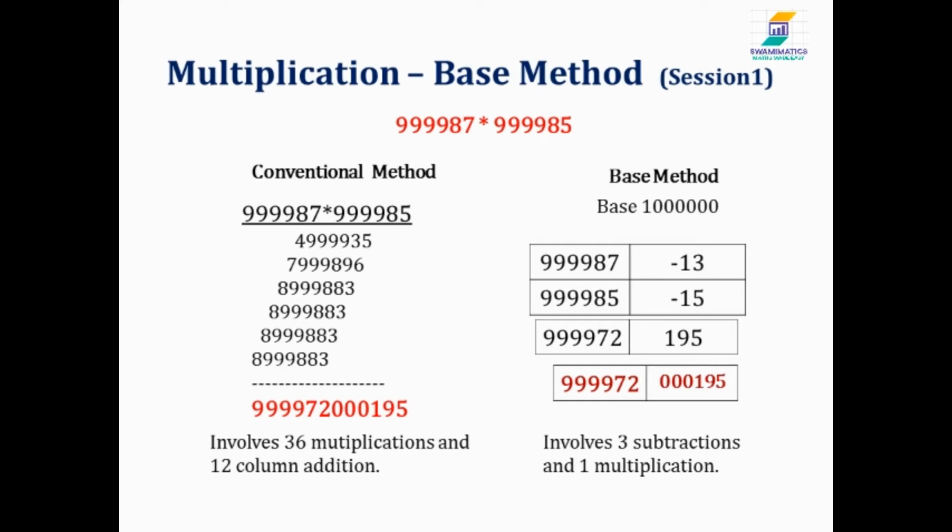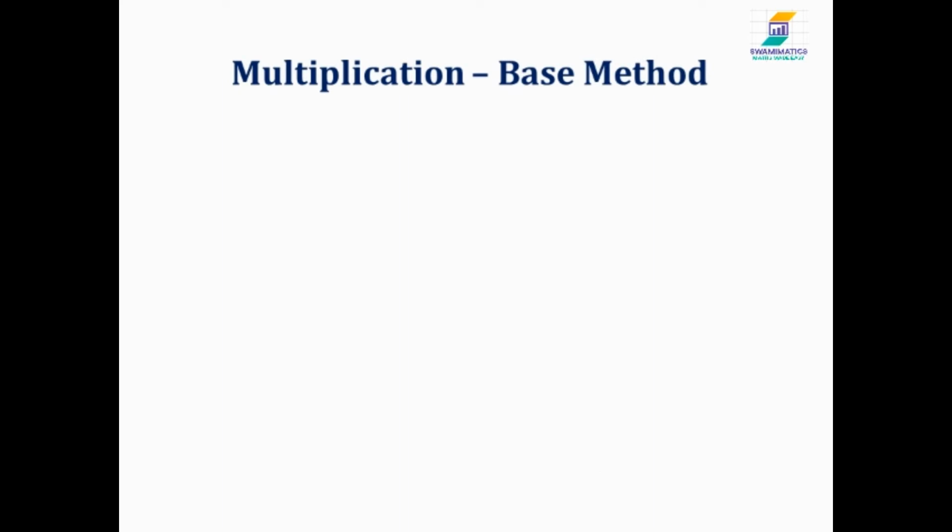Right? Now, before we proceed further, I will show you by taking simple numbers and then see how this can be done. Now let us take 9 into 7. Right? Now the numbers are close to 10.